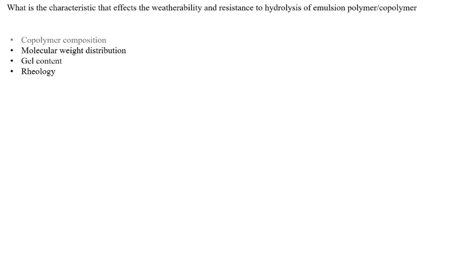The shift of glass transition temperature can determine how the polymer is going to behave and what kind of property shift it will experience because of hydrolysis, which will result in poor properties of the emulsion polymer. That's why copolymer composition is very important to take into account to check the weatherability and resistance to hydrolysis for an emulsion polymer or copolymer. So copolymer composition is the correct answer for this.